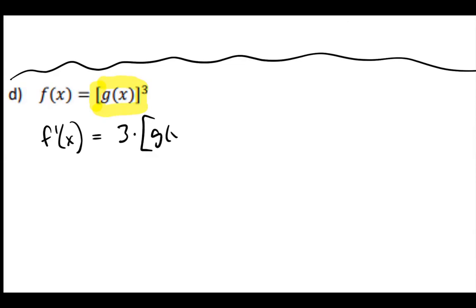Everything else stays the same on the inside, and the power moves to squared. That's the outside layer. The inside layer is right here, g of x. The derivative of g of x is just g prime of x. And that's the 2 layers.